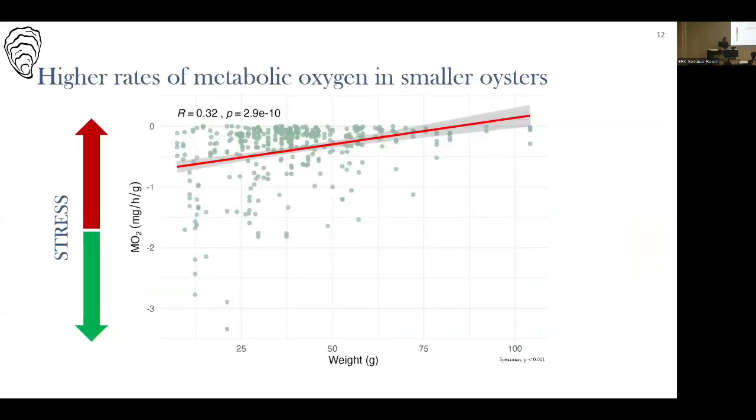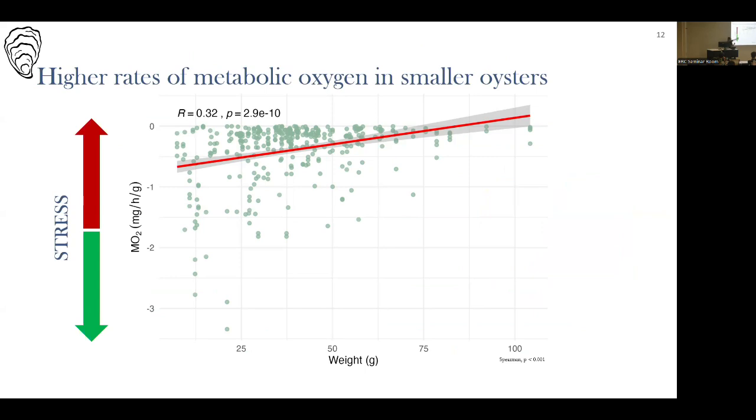So let's get into some of our results. First, this is metabolic oxygen on our y-axis and the total weight of the oyster on the x-axis. Something that I want to do next for the publication is to specifically look at the meat weight, not just the total weight of the oyster, to maybe explain some of the metabolic response as well.